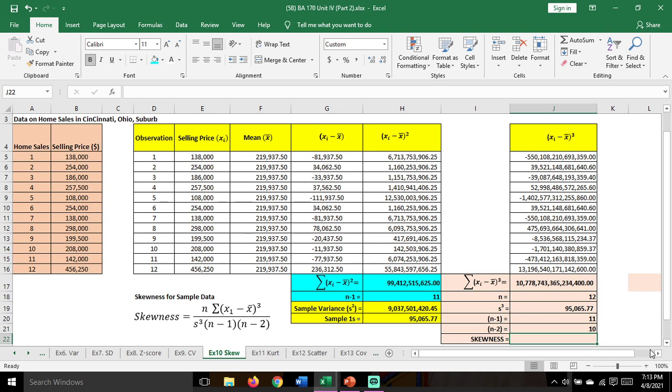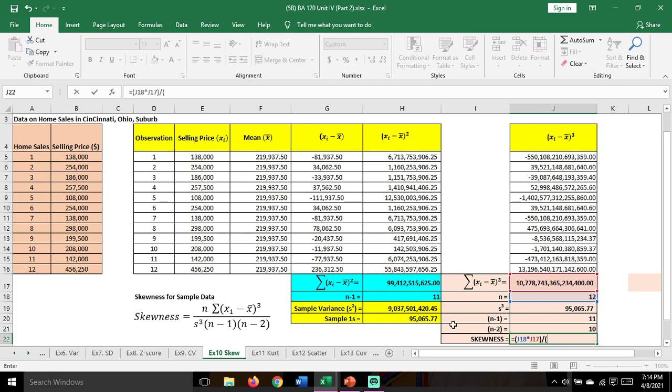So we have the equal sign. The first term, the one on top, is n times the summation of x sub i minus x bar raised to the third power. Divide by your s cube.